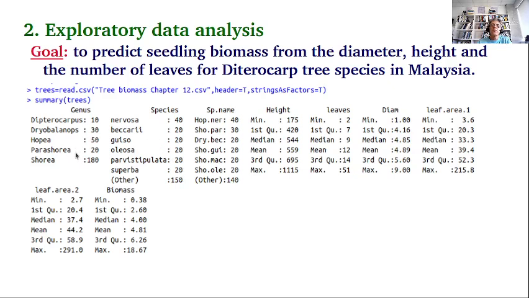We are going to ignore the fact that we have many data points for different species or genus. We are simply going to consider the biomass as the response variable, and the height, the leaves, and the diameter for the purpose of this model.